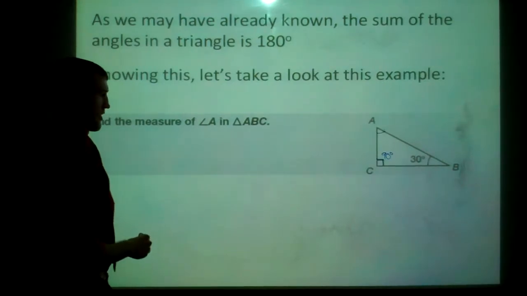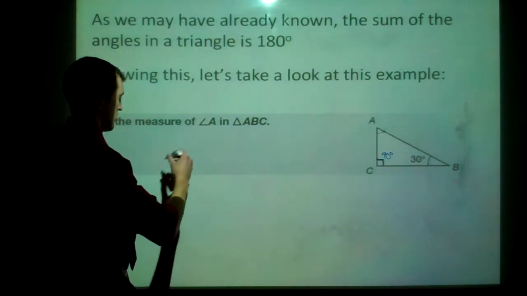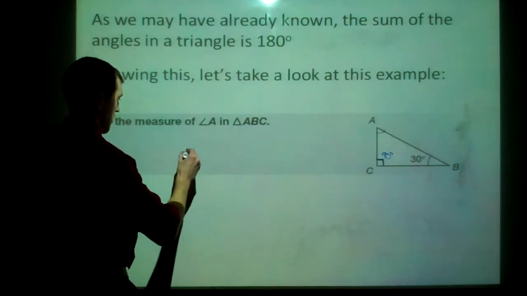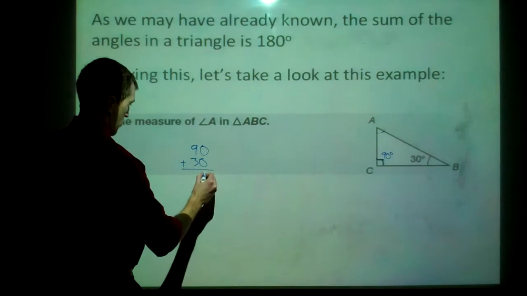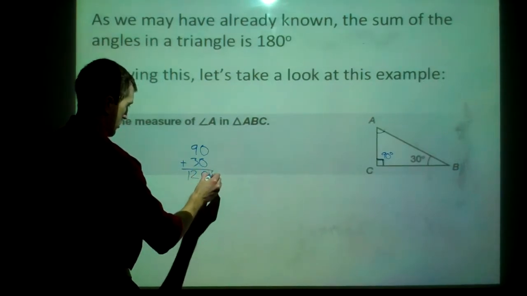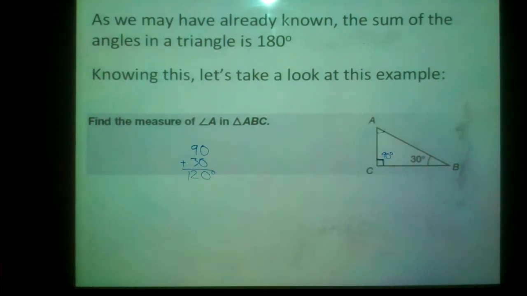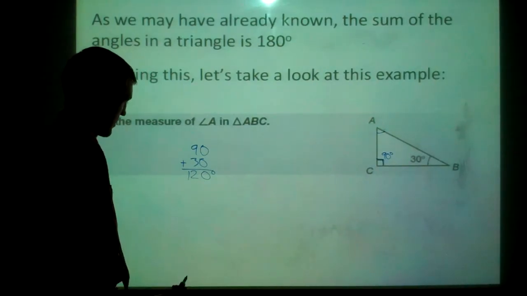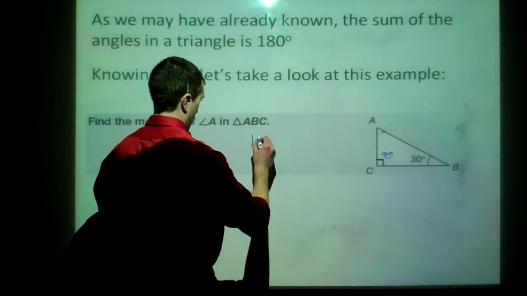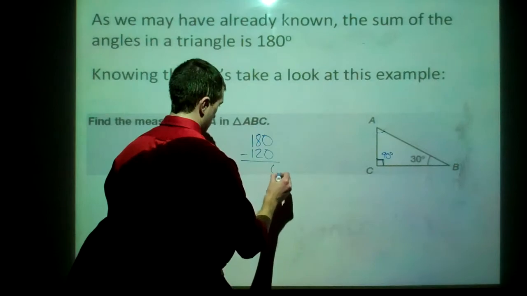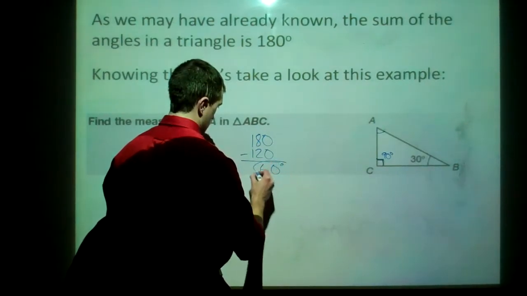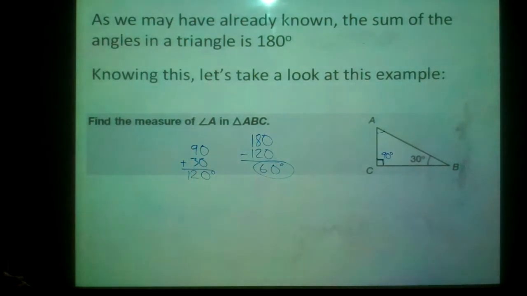So we know that they add up to 180, so let's add 90 and 30 together. And we should get 120 degrees. Okay, so 120 degrees, that means A would have to be 60, or 180 minus 120. 60 degrees, because they all have to add up to 180.